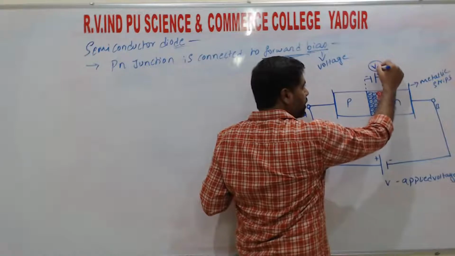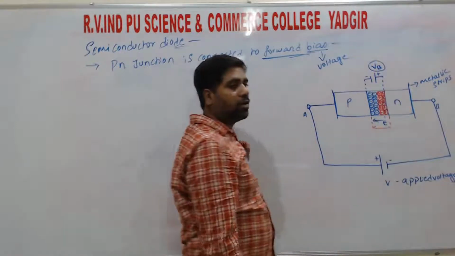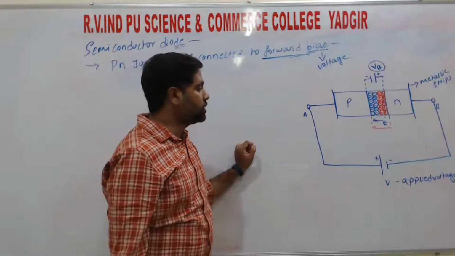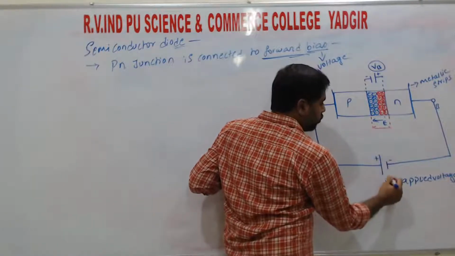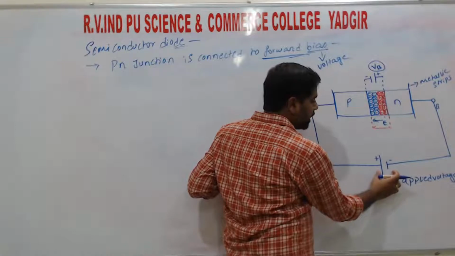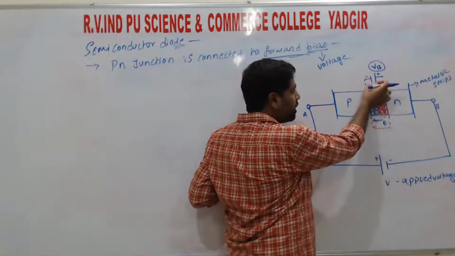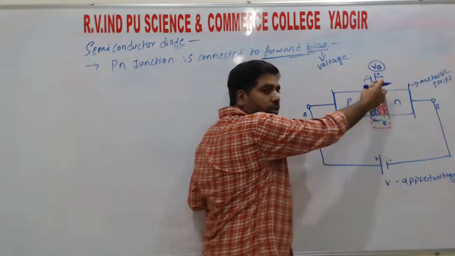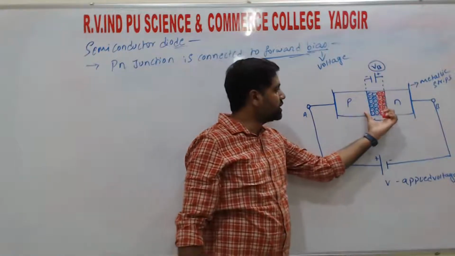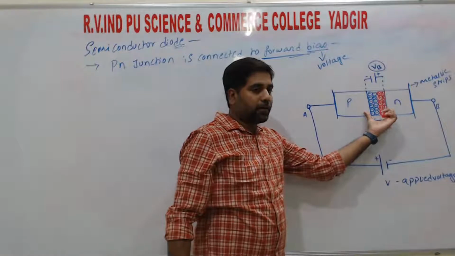That potential we call VB or V0, the barrier potential, right? Now if you look here, comparing these two potentials, that means here we have one potential and also here we have one potential. This potential is induced due to the diffusion of the charge carriers in the semiconductor, right?